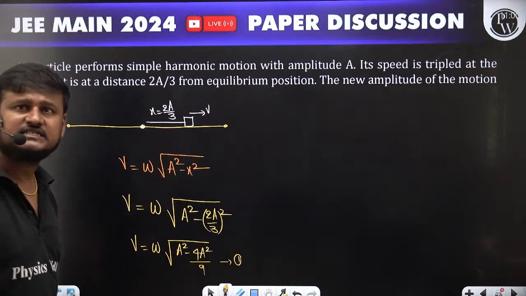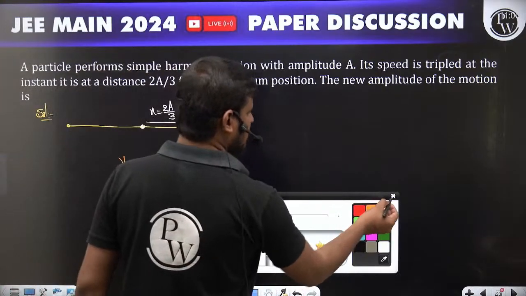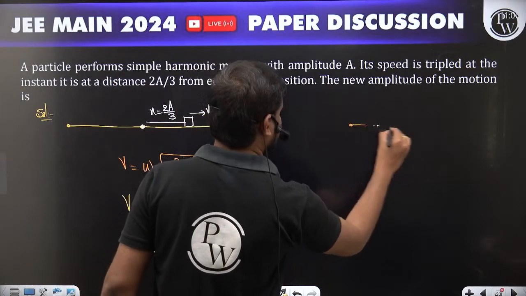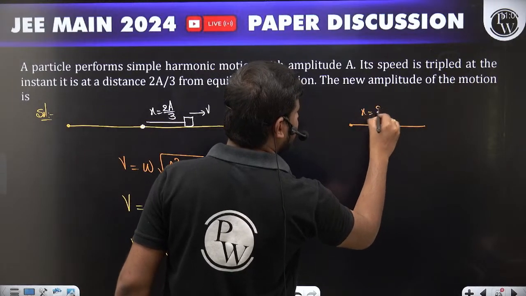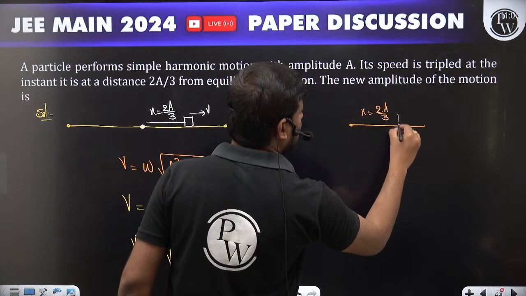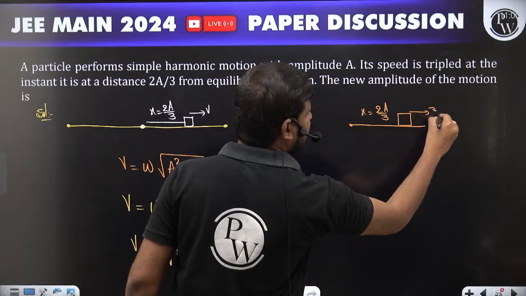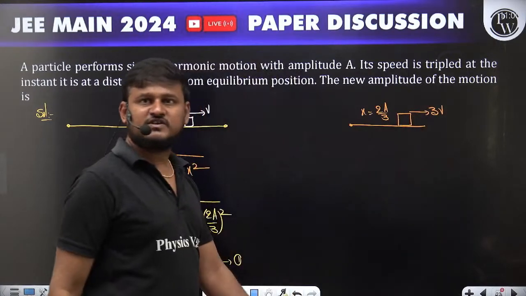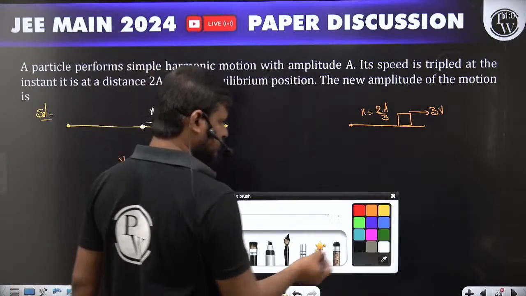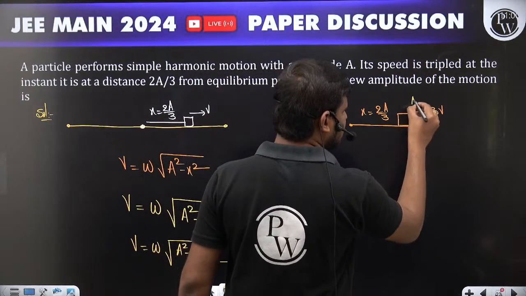Now the second scenario: the same particle, when it is at a distance 2A by 3, its speed has become 3v. When the speed changes, obviously the amplitude changes. So here let the amplitude be A dash.